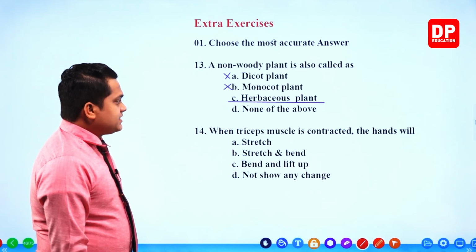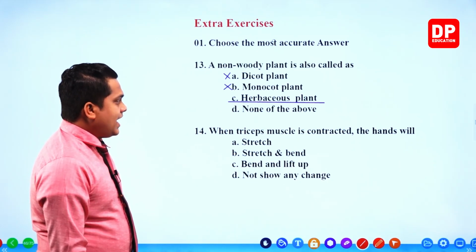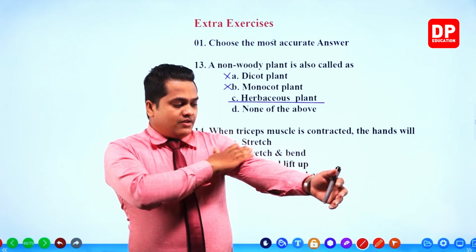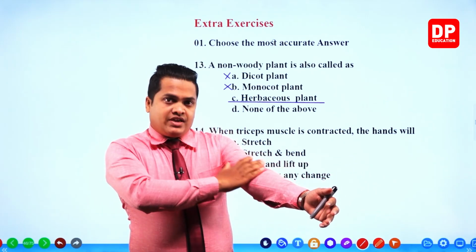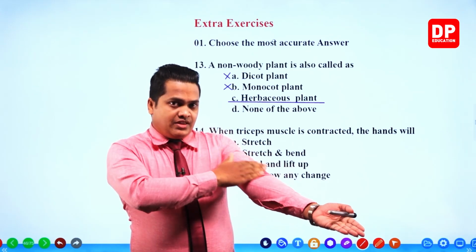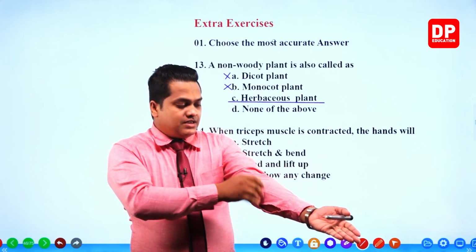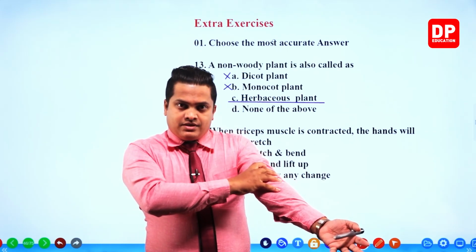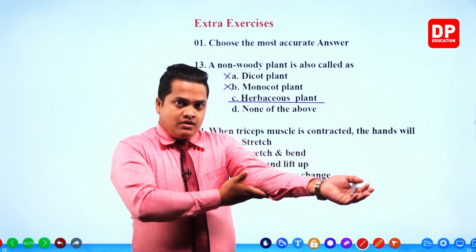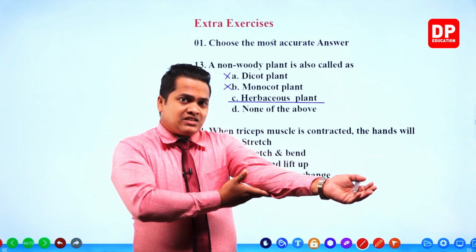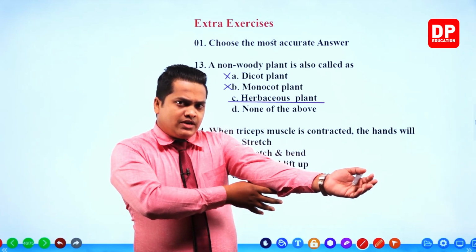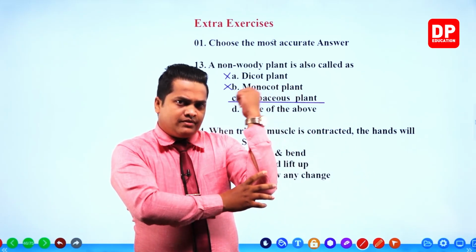When tricep muscle is contracted, the hands will. Tricep muscle is located, I told you, forward in our forearm we can observe the bicep muscle within this surface, right? The tricep muscle is located below, like in this area. Now you contract and see what's going to happen.